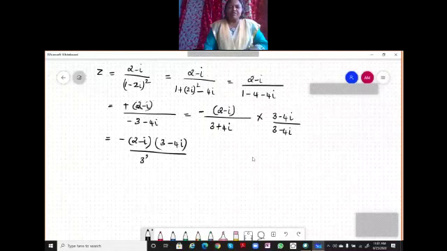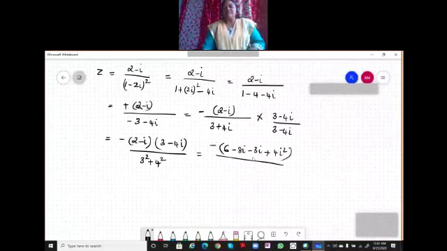That is equal to, let us expand this. 2 threes are 6. 2 into 4 is minus 8i. Minus i into 3 is minus 3i. Minus into minus is plus 4i square, divided by 3 square is 9, 4 square is 16. 16 plus 9 is 25.